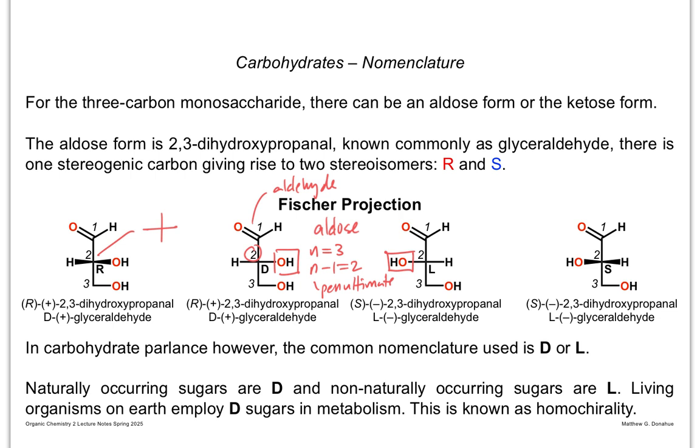So there's a lot of synonyms for each molecule. And depending on your curriculum, whether you want to memorize them or not. But you should be able to tell by looking at this D or L nomenclature, if the rest of the name is the same, then they're enantiomers.